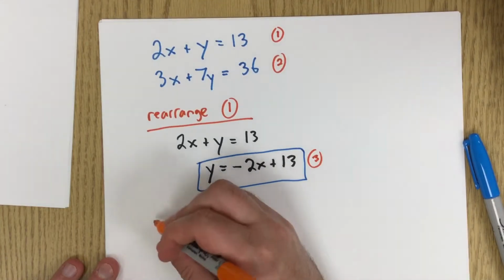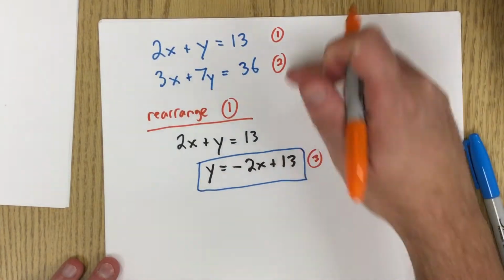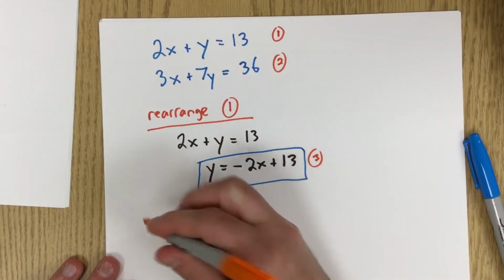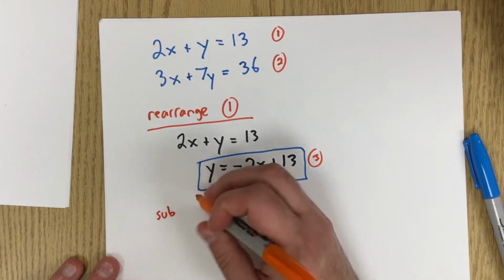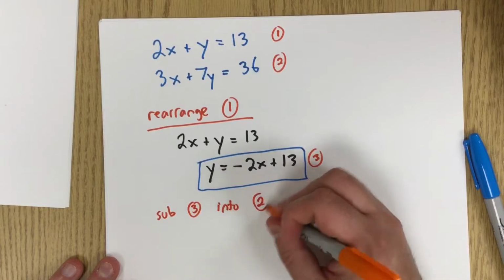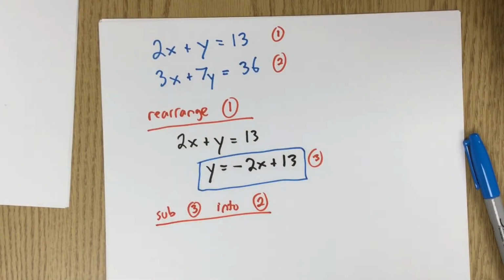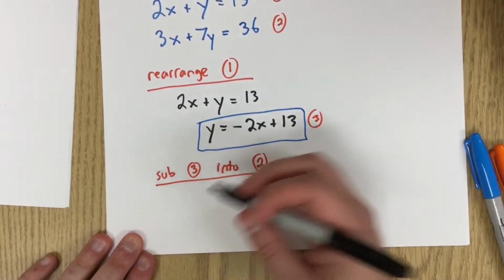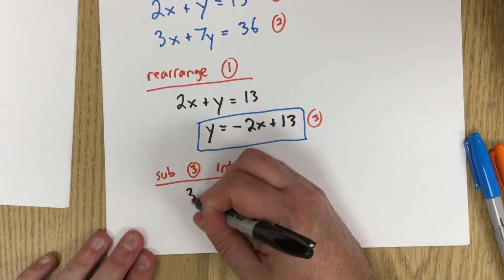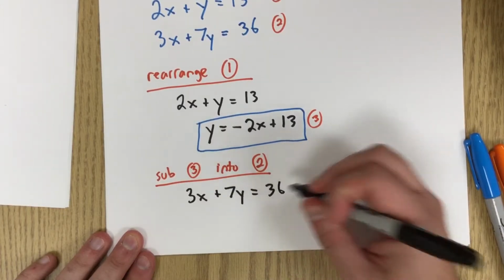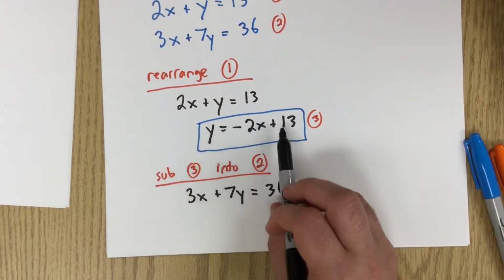Now what we're going to do is take this equation and sub it into the equation that we did not use in the first step. So we rearranged 1, so we're going to sub equation 3 into equation 2. Let's figure out what I mean by that. Equation 2 was 3x plus 7y equals 36. But y is equal to minus 2x plus 13.